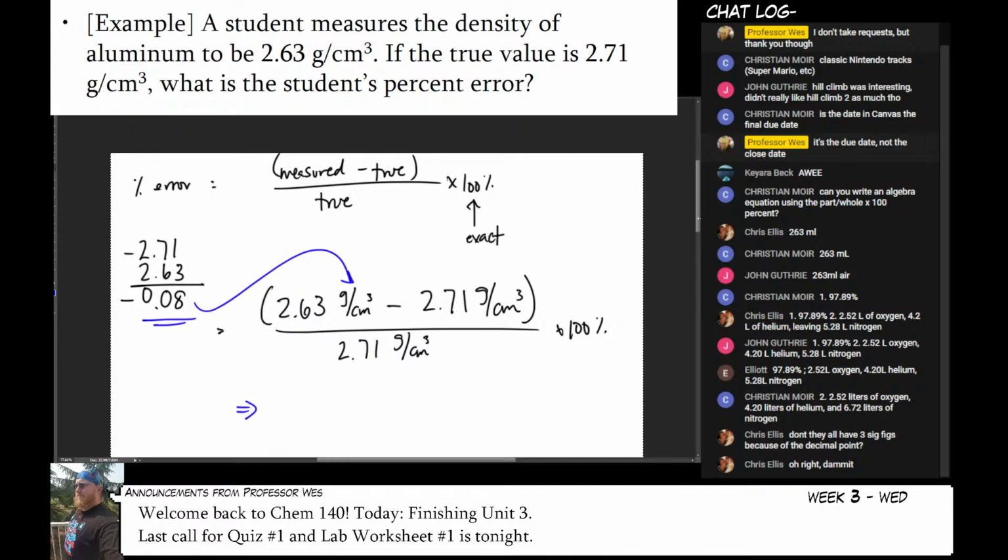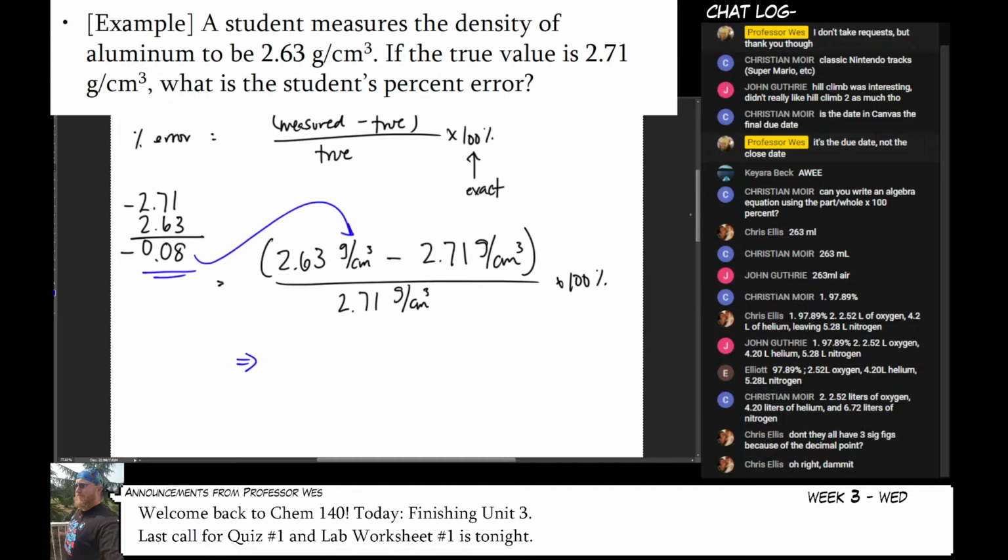So now my expression becomes this once I reduce down after that subtraction. 0.08 grams per cubic centimeter over 2.71 grams per cubic centimeter. The units cancel out times 100%. So whatever 0.08 divided by 2.71 is times 100%, and then I have to round it to 1 sig fig. So I got this.